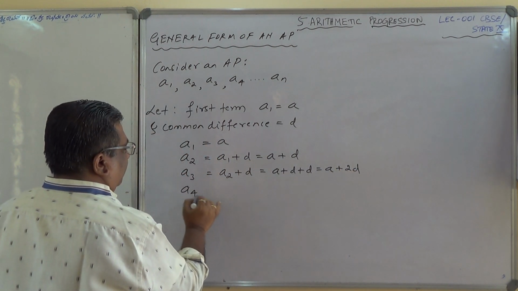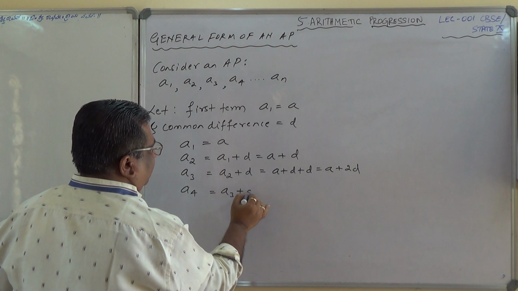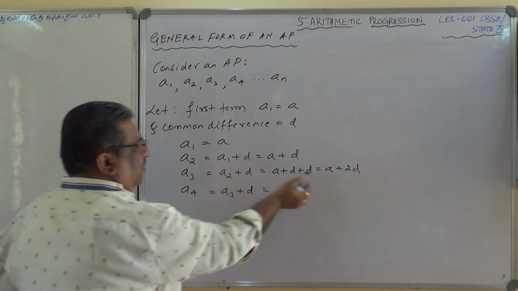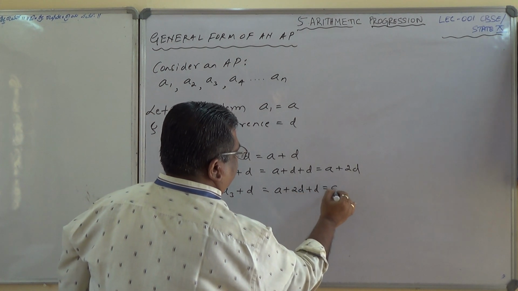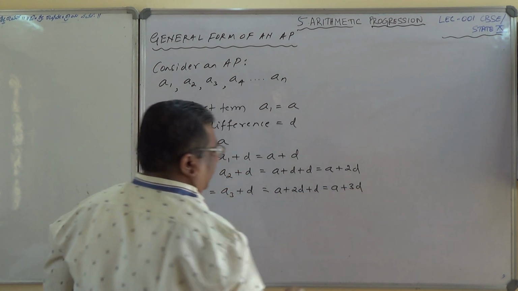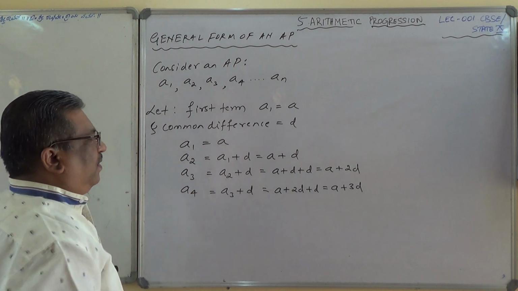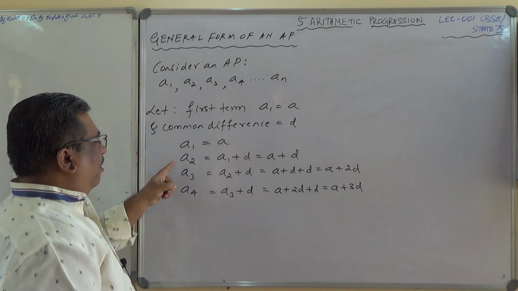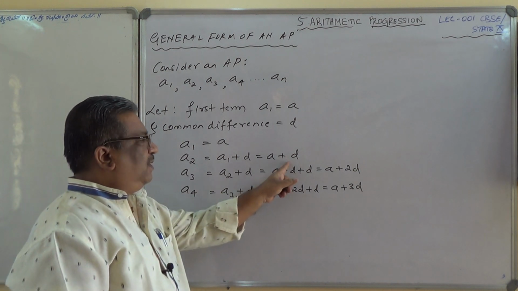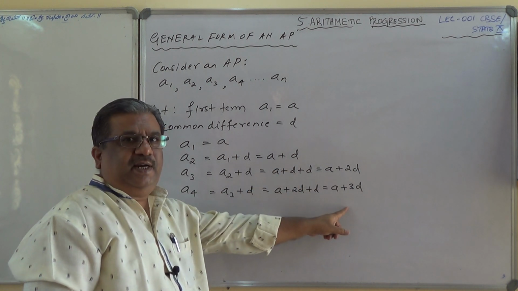Next A4 equals A3 plus D. What is A3? Check here, A plus 2D. So A plus 2D plus D, which is A plus 3D. Isn't it? So finally, first term if it is A, then how do you obtain the subsequent terms? A plus D, A plus 2D, A plus 3D, etc.